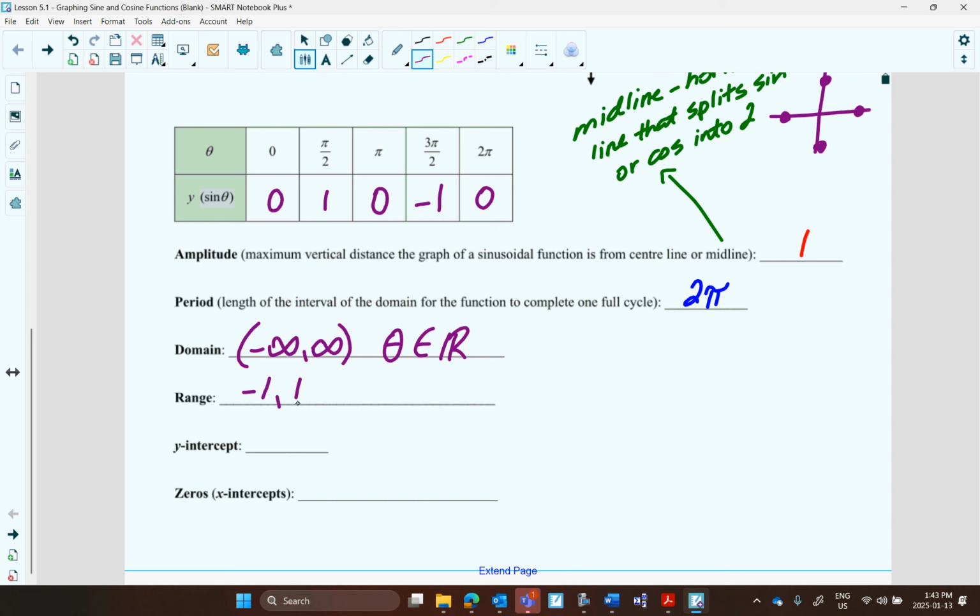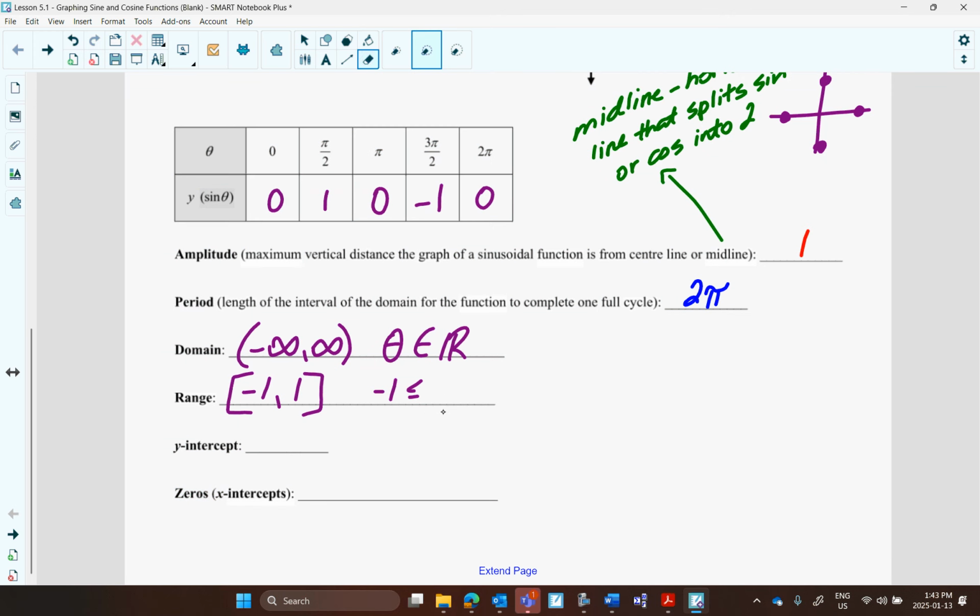So remember, we write the lower one first. So -1 to +1, including both -1 and +1. Or y is greater than or equal to -1 and less than or equal to 1. What's the y-intercept? Well, you just have to look at the graph. 0.